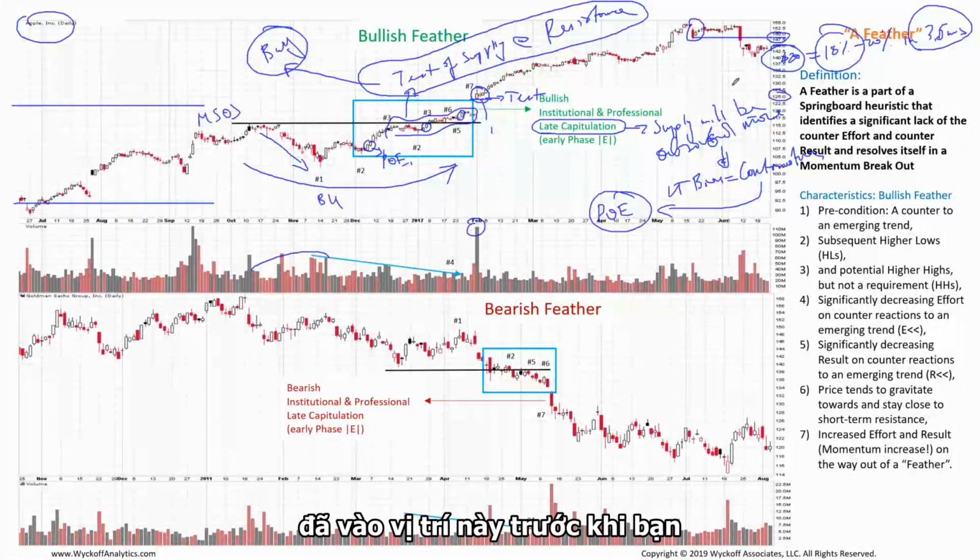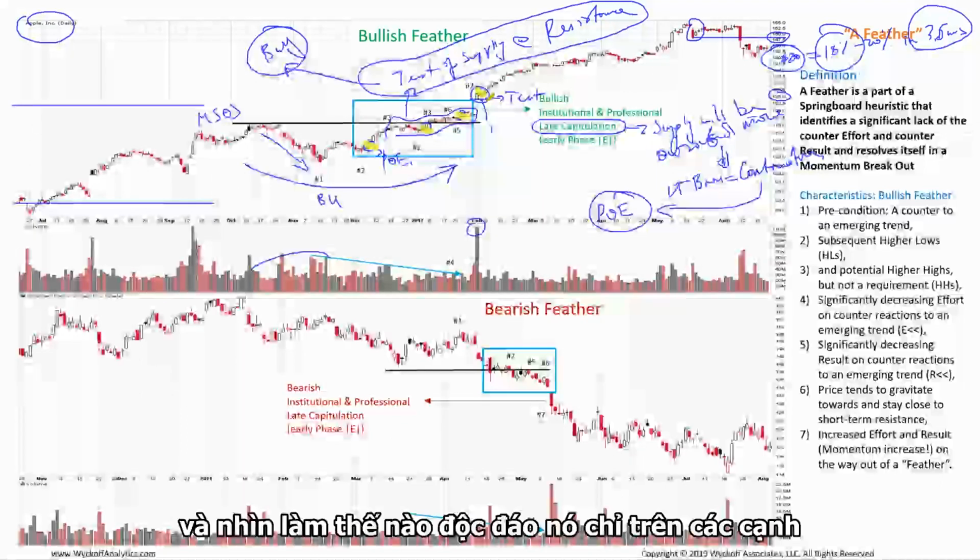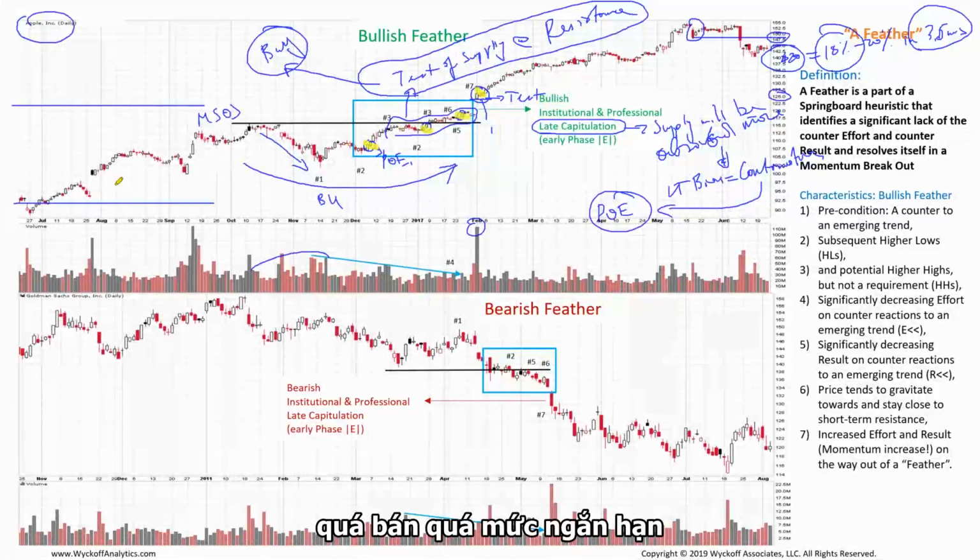And especially if you've been entering this position before, like at points number 1, 2, 3, and 4. So you could potentially scale into the position, and look how nicely it is just on the edges of oversold, short-term oversold conditions. What do I mean by that? I believe this was the low, yes.